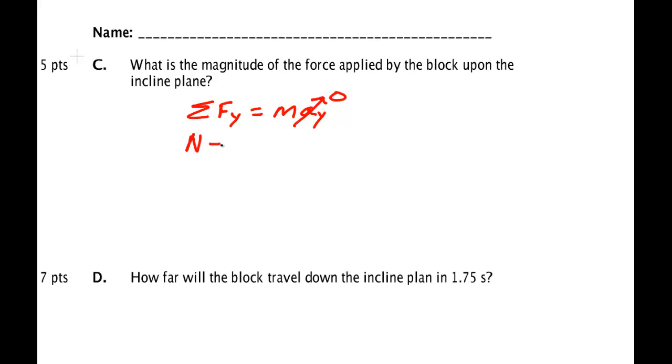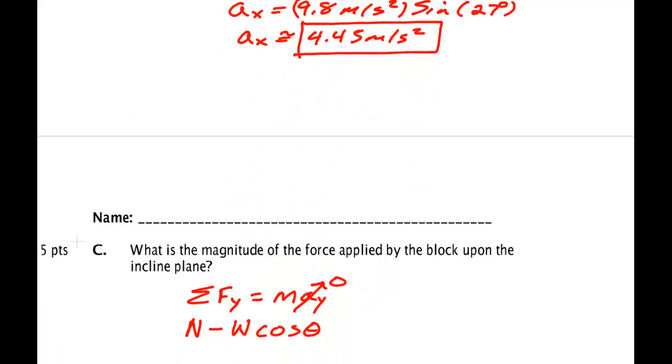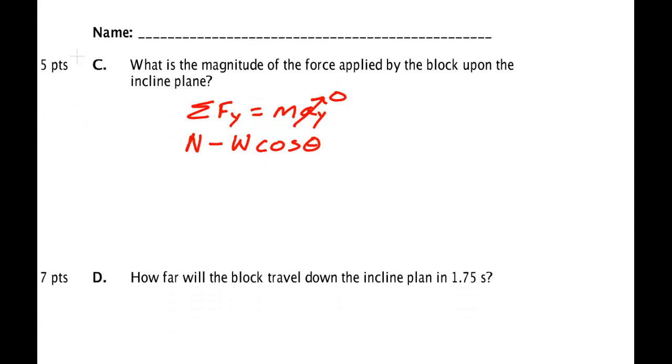I have the normal minus the weight times the cosine of theta, and I find that by, again, reading my free body diagram and realizing I'm talking about this side, which is the adjacent side. So that's equal to 0. N is equal to mg cosine theta.